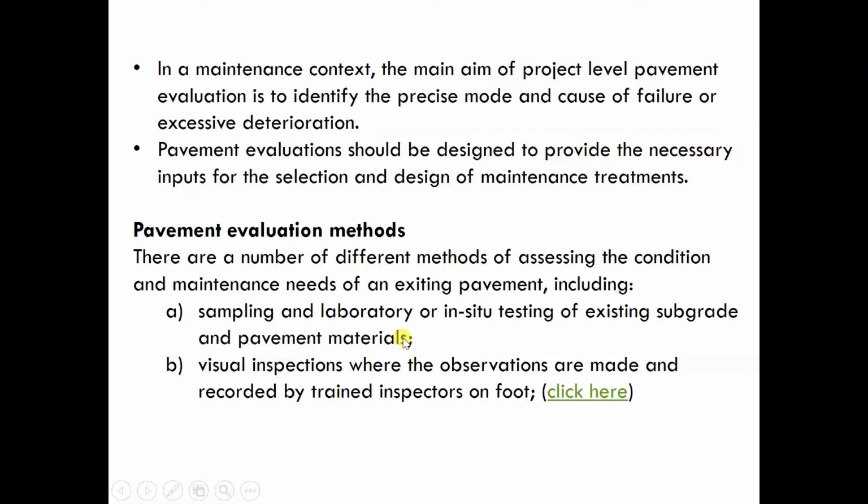For this one you need to collect samples from the site, and then you do some testing like CBR testing. You do the moisture content testing and so on, like liquid limit, plastic limit, and so on. Or you can do the testing on site, like in-situ CBR testing of the road, which we will show later on.